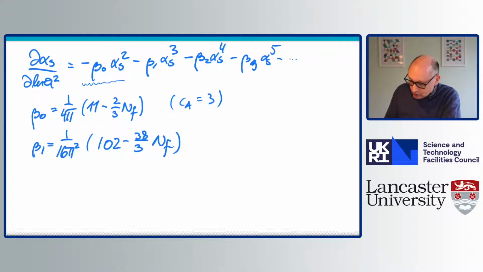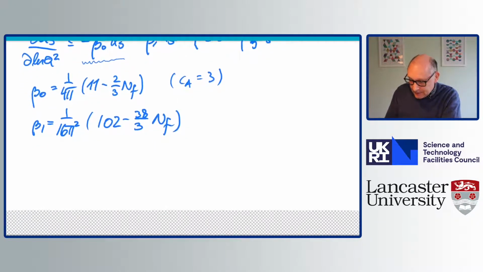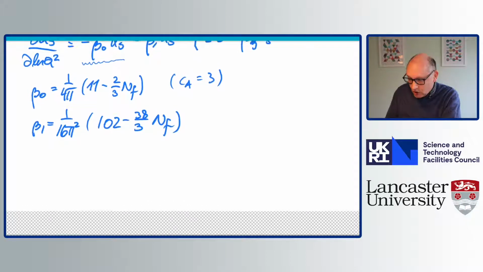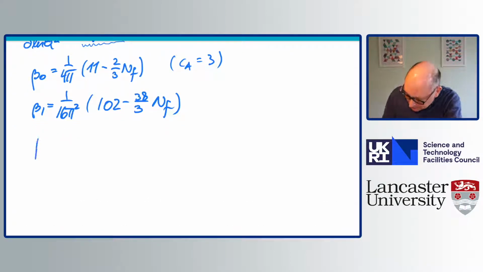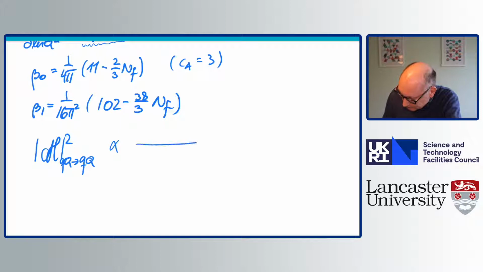So what does it mean that the alpha s depends on q squared? Well, that means that if one, for example, calculates the matrix element squared for quark scattering, then one gets something that depends on s squared plus u squared over t squared.